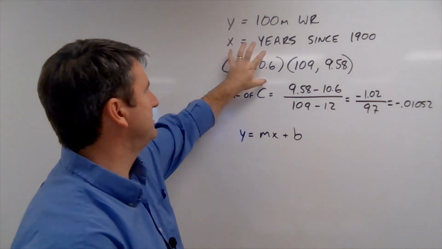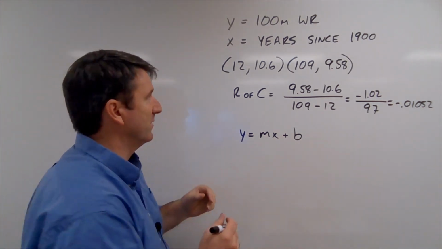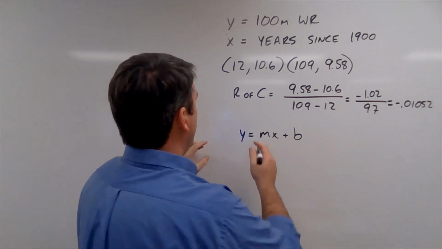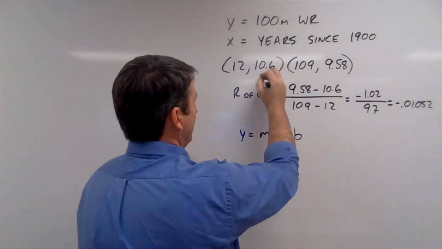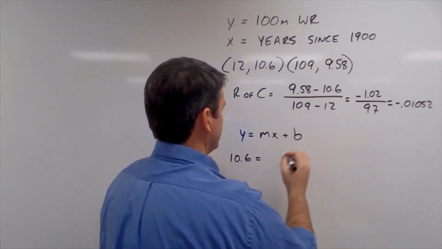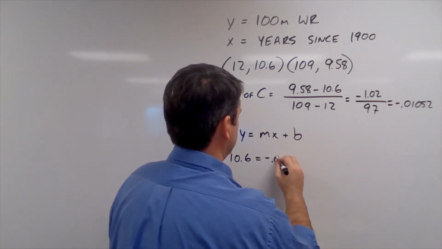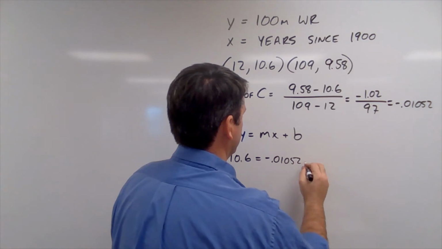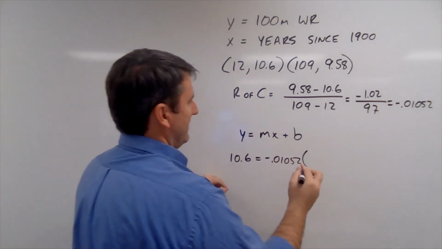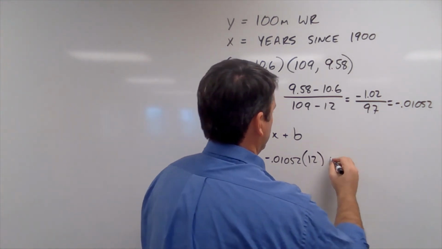So let's just choose this first data set. It doesn't matter which one we use, so we'll choose the easiest one to work with, and we'll plug in our y value, which is 10.6, is equal to our slope, which was negative 0.01052. That's our rate of change, or our slope, and then the x value was 12, plus b.